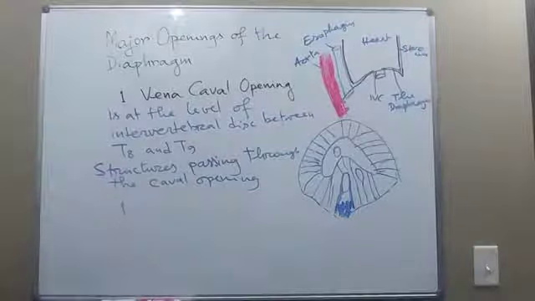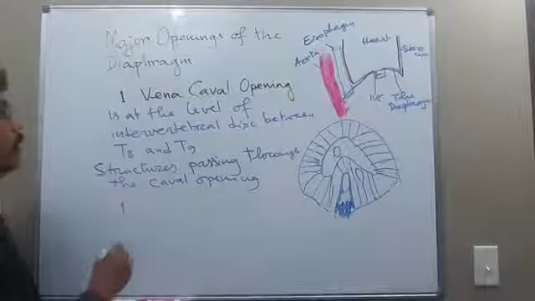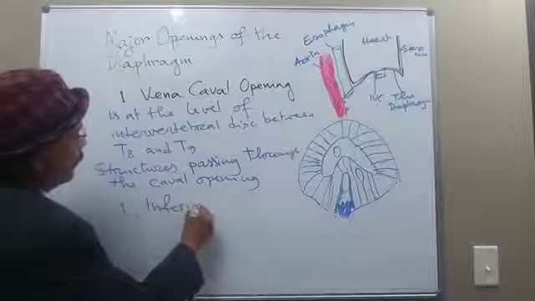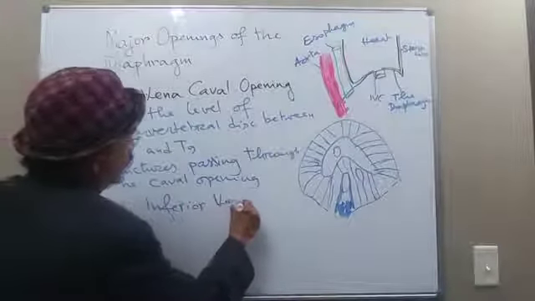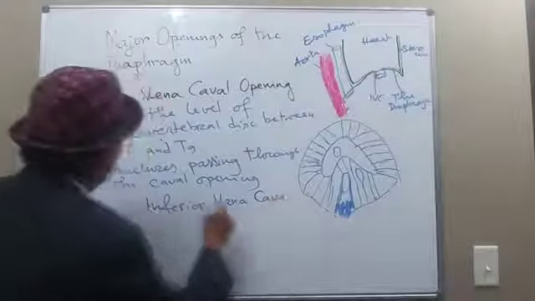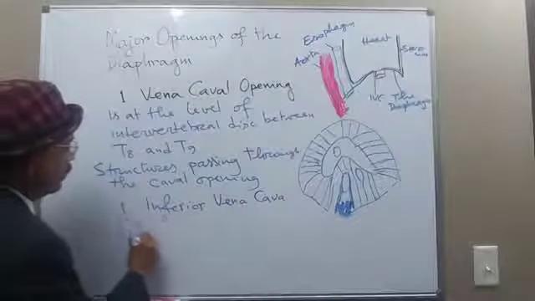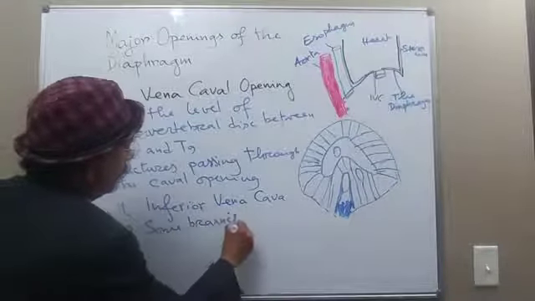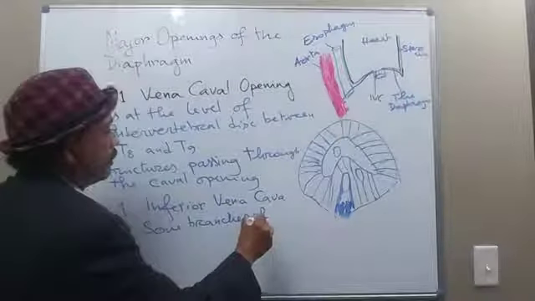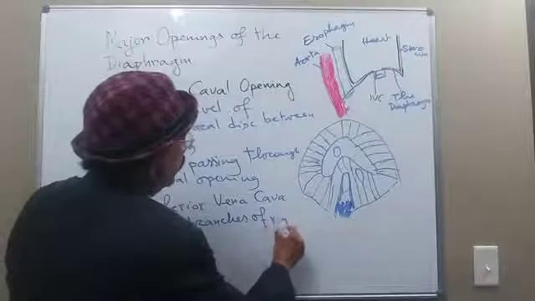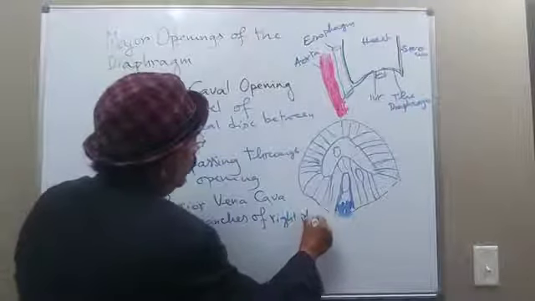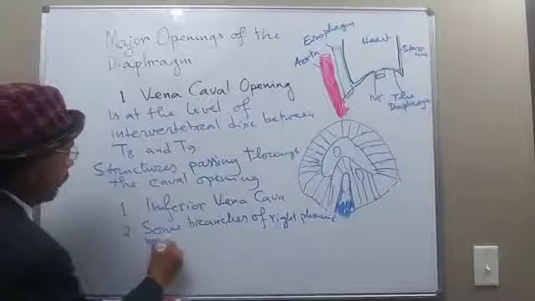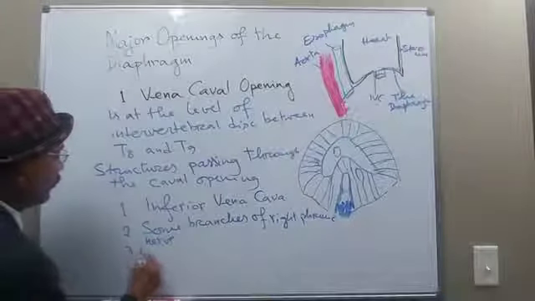Through the vena caval opening, we have the inferior vena cava, some branches of the right phrenic nerve, and lymph vessels.